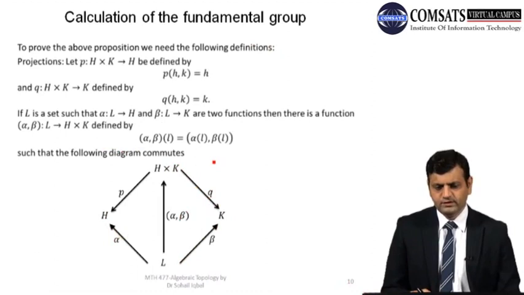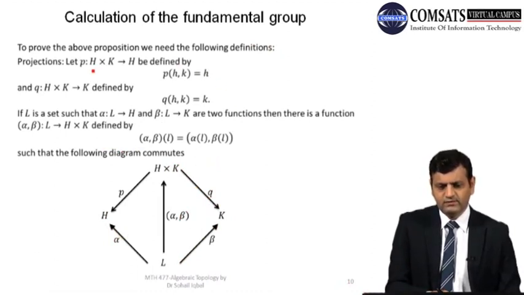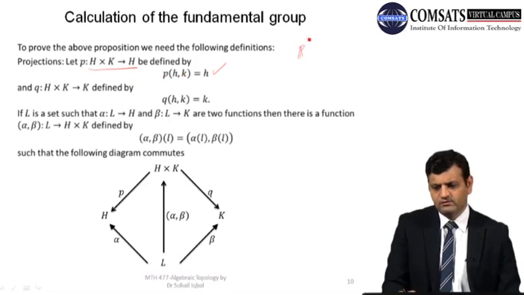Now to prove our proposition, we are going to need the following definition. If we have sets H and K, and we have this map P defined in this way, then this is a projection onto its first coordinate. So basically, if I have R1 cross R1, then P goes to R1, and if I take elements (x, y) from R1 cross R1, it will give me the first coordinate.